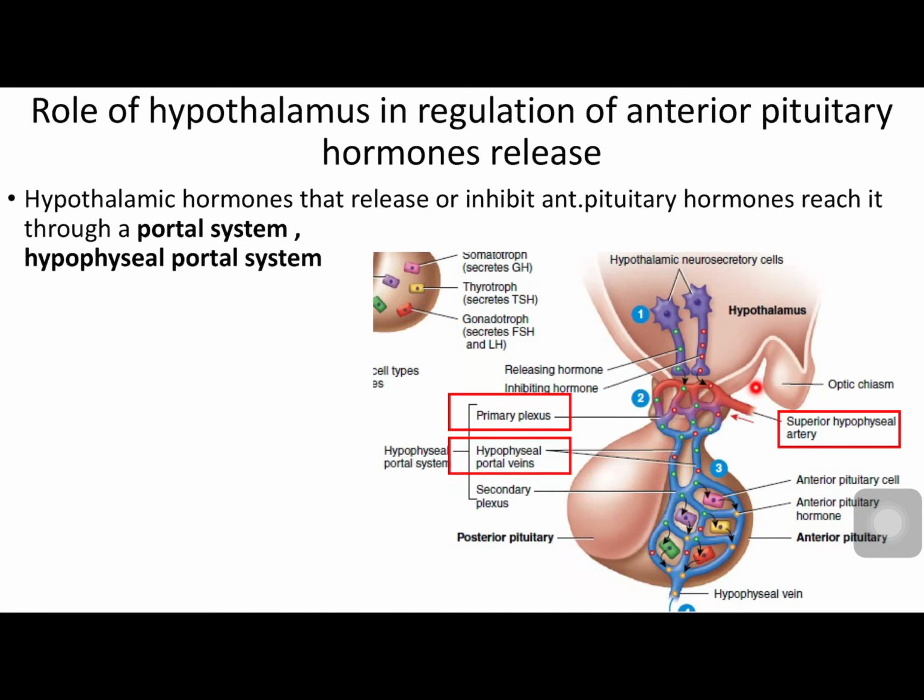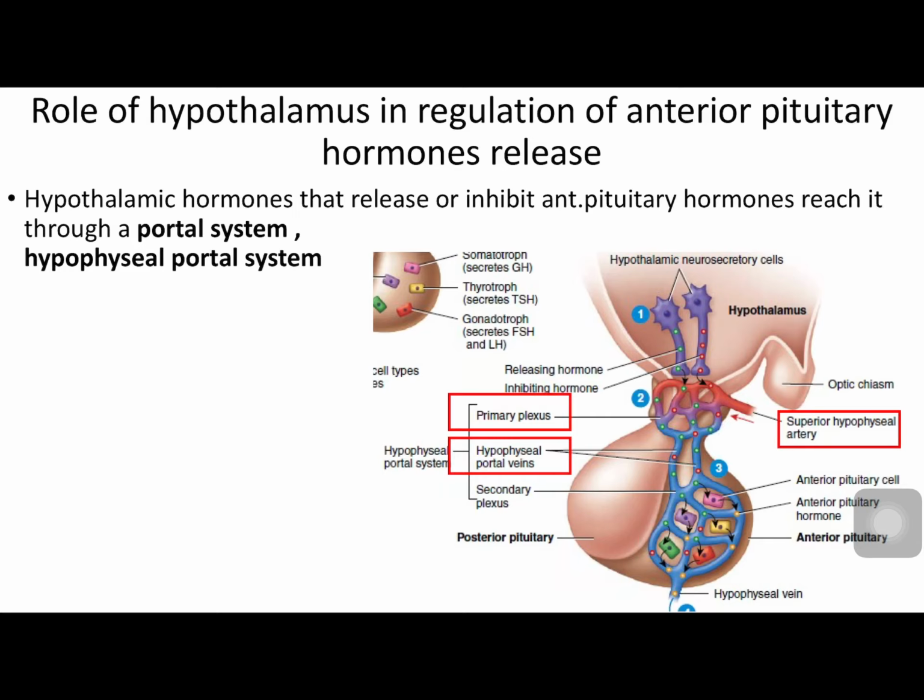So this is how the portal system begins with capillaries and ends with capillaries, bypassing the heart. The primary plexus carries the hormones from the neurosecretory cells of the hypothalamus to the secondary plexus in the anterior pituitary, where they are released into the close vicinity in the anterior pituitary.